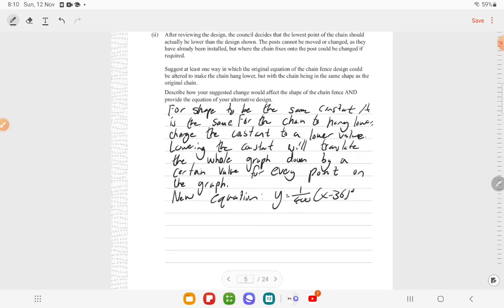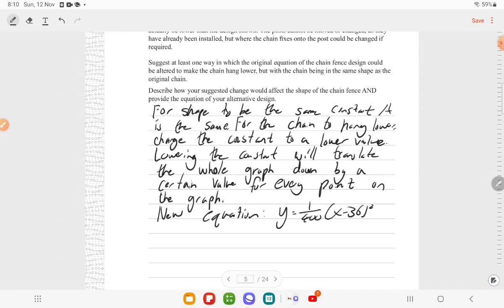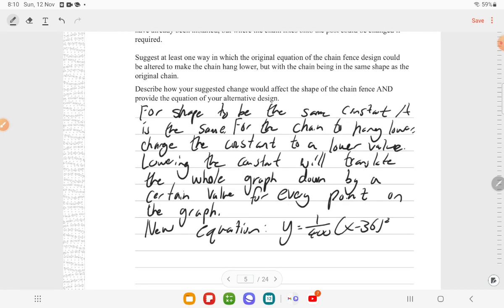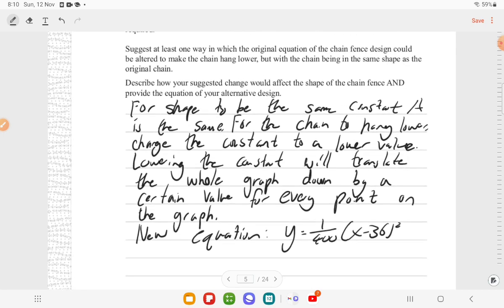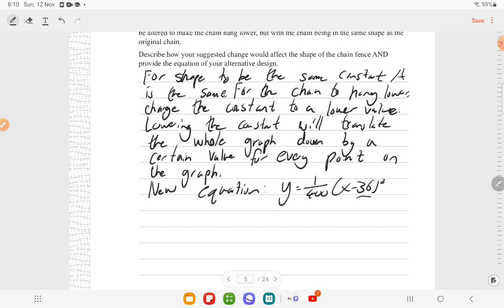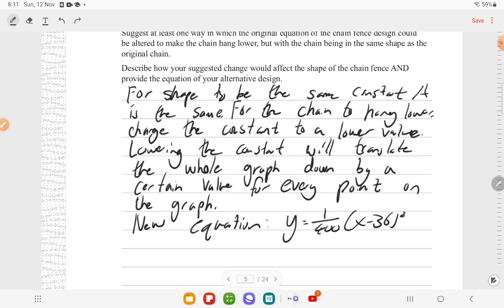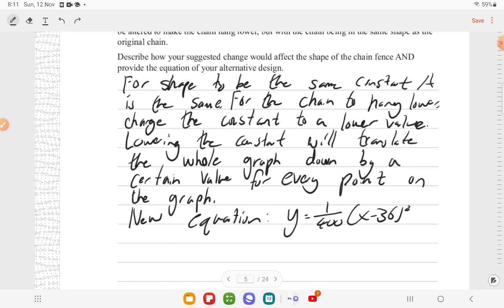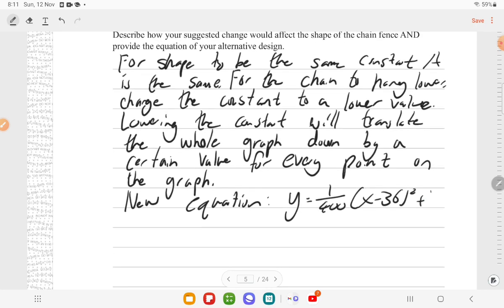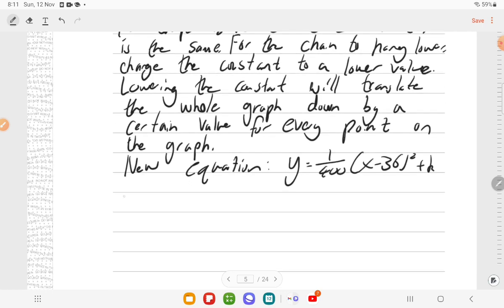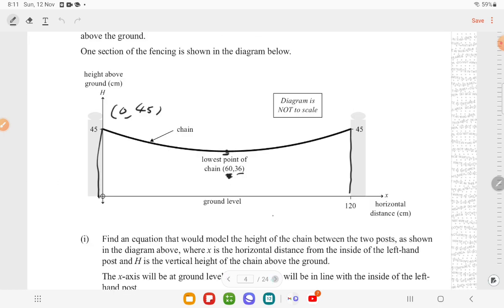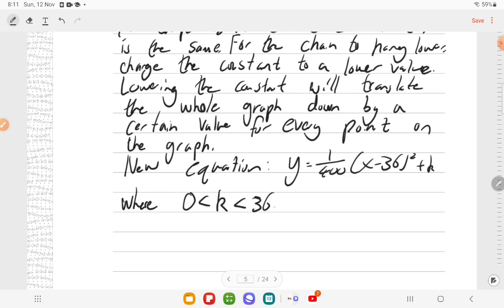Right, at least one way. Changing this x value would only translate side to side, so it would not change how high the chain hangs. Plus k, where k is between 0 and I think 36, yeah, 36.